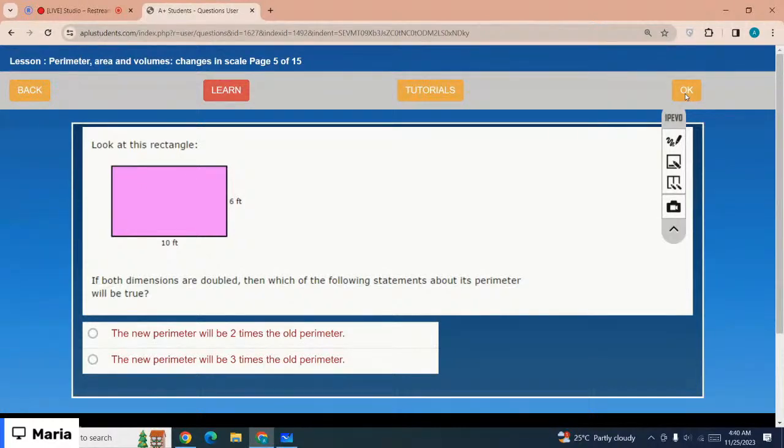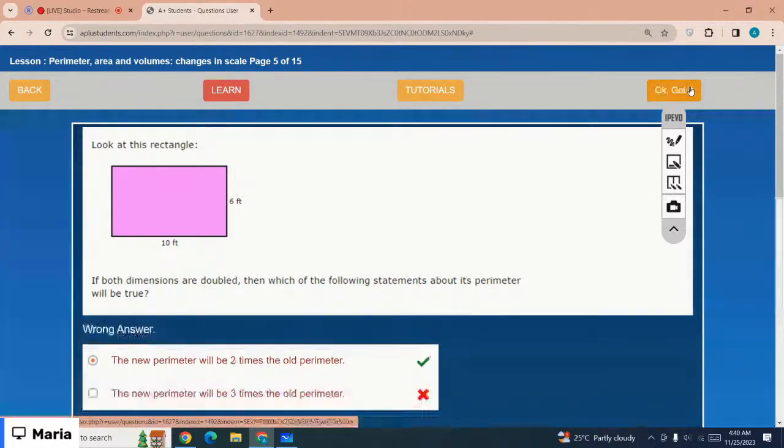Yes, the new perimeter will be 2 times the old perimeter. Option 2 is the correct option. Very good. Oh, yes, that would be 2 times because the dimensions are doubled.